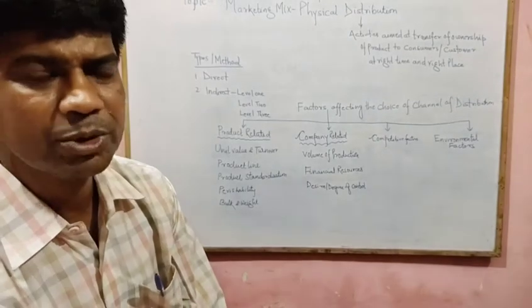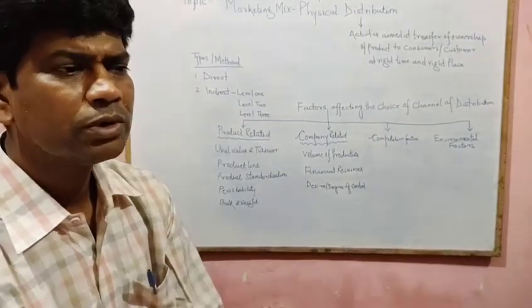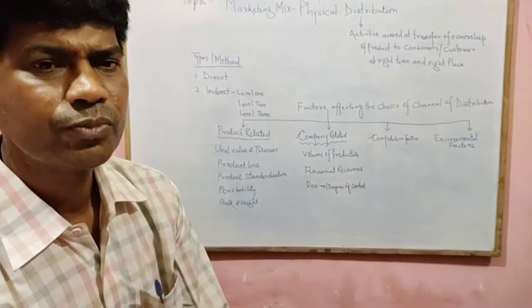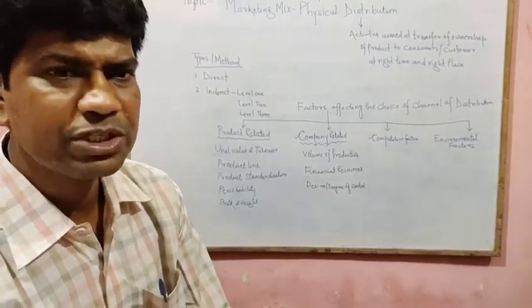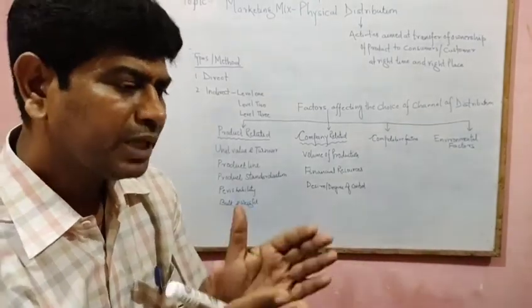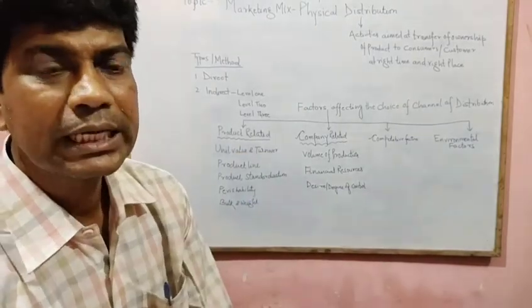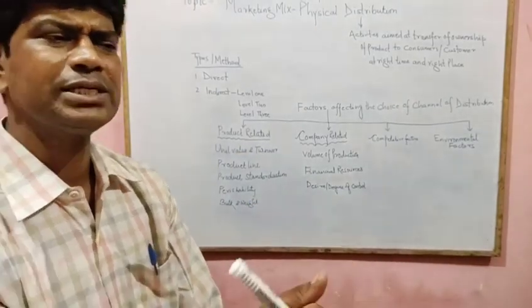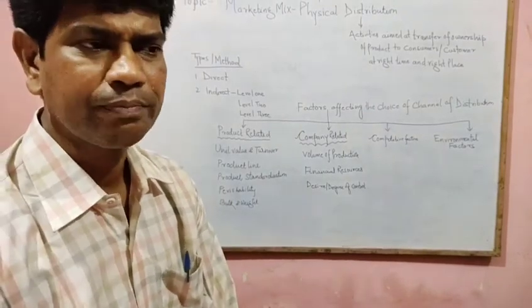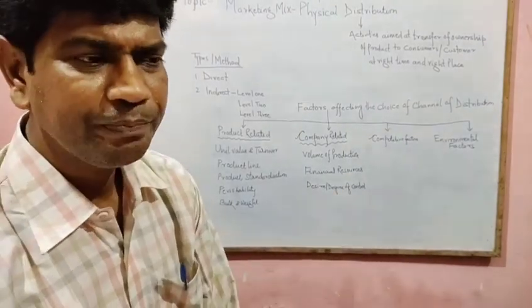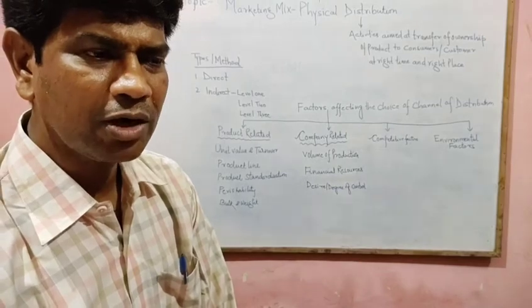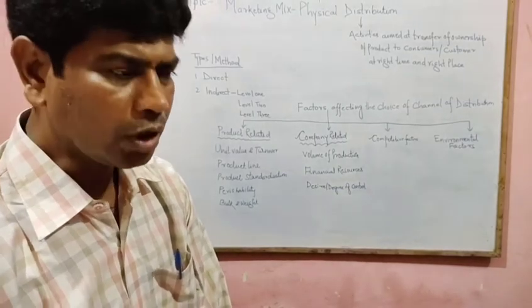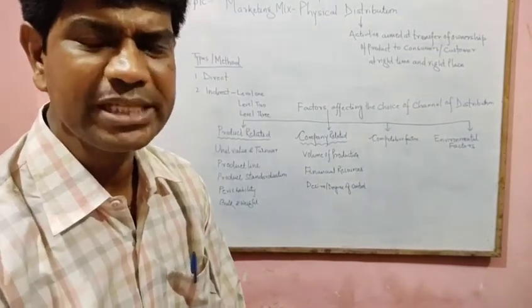Now, channel of distribution refers to all those activities which are undertaken and which affect the transfer of ownership from the producer to the ultimate customer. Usually we refer to it as physical distribution. Physical points out that goods are not moved automatically or by automated means.